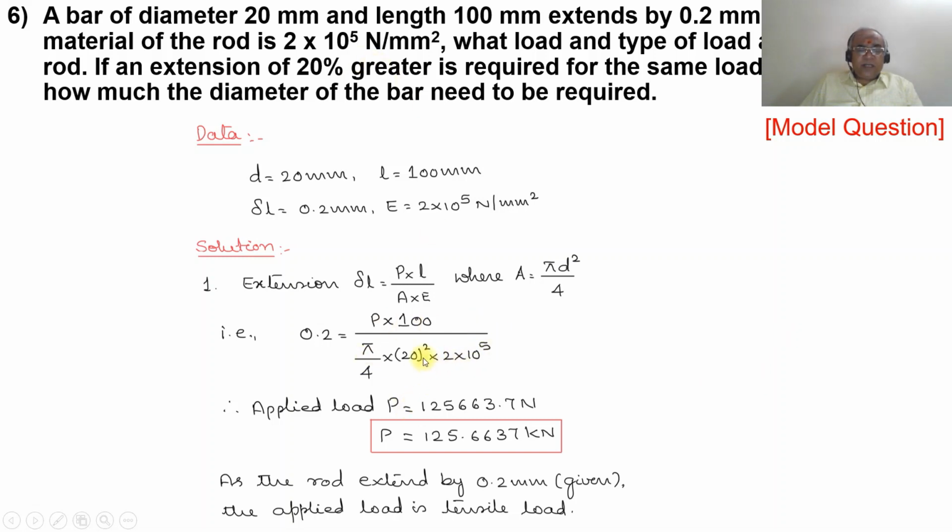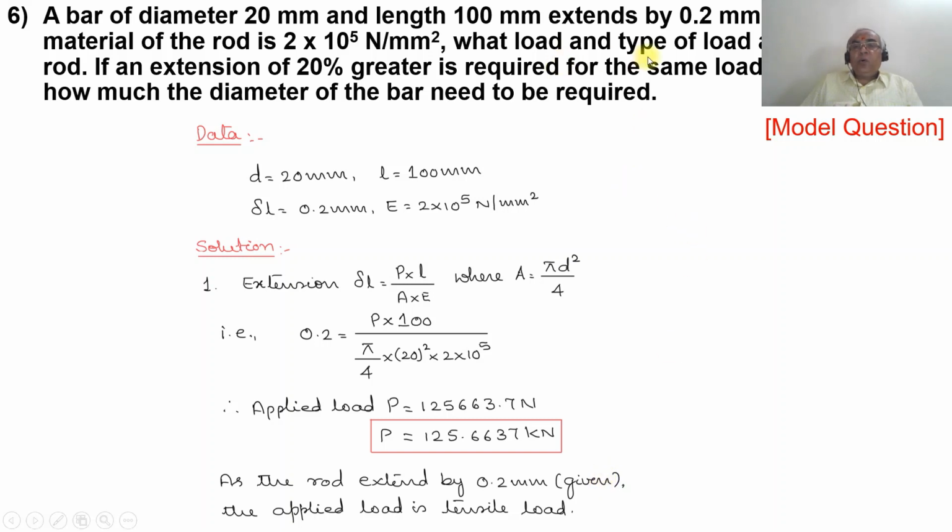So on simplification, applied load P will be equal to 125,663.7 Newton. If you want to convert this into kilonewton, divide by 1000, P will be equal to 125.6637 kilonewton. As the rod extends by 0.2 mm, which is given, the applied load is tensile.